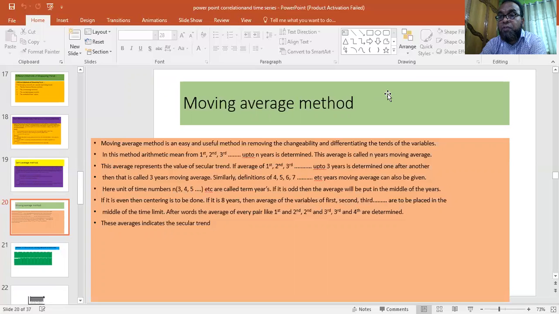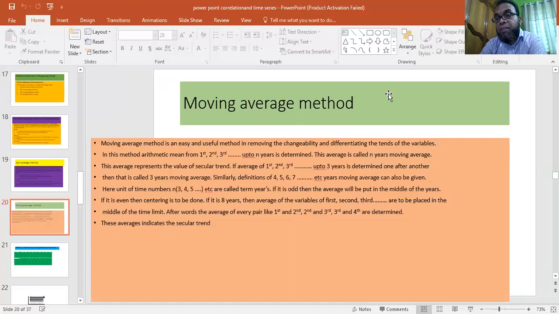So what is the average year? Not 2, not 3. The average year is the average of second and third. So you will put the average in the middle of second and third for the 4 years moving average method.